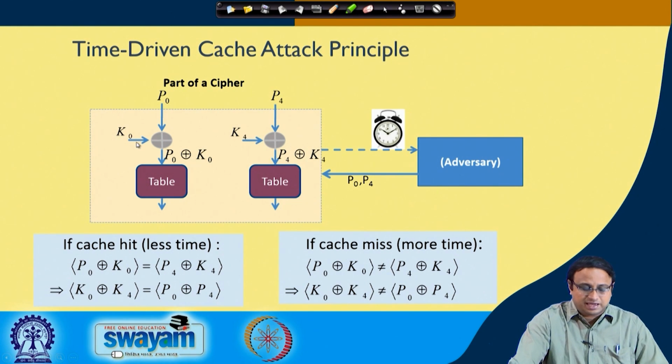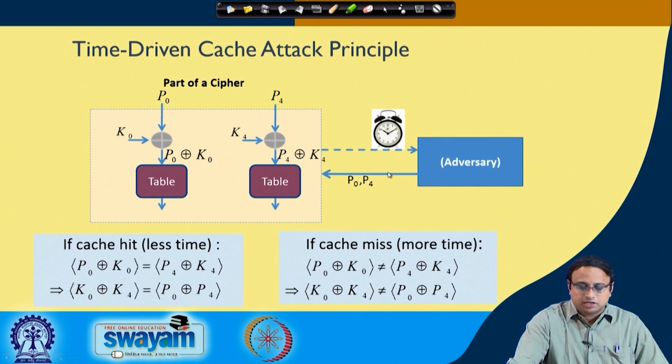That means K0 and K4 should be two independent components of the key. If I give you the knowledge of K0, you have no information about K4 and vice versa. But now we will see how using a timing channel, and just understanding whether there is a cache hit or a cache miss, can significantly reduce the entropy of the key material.